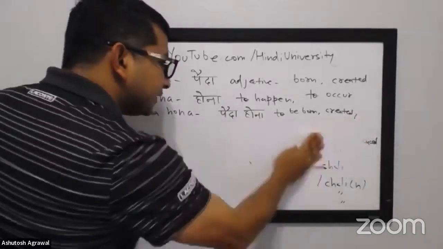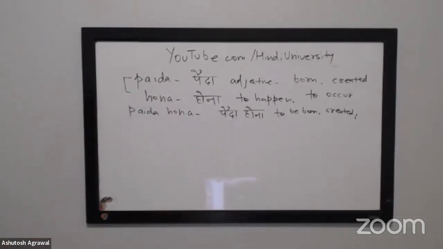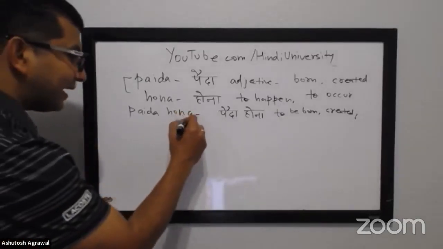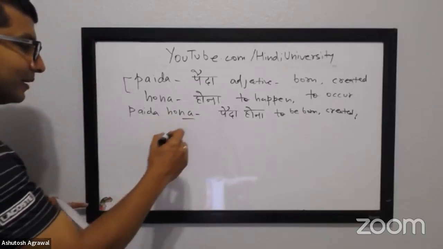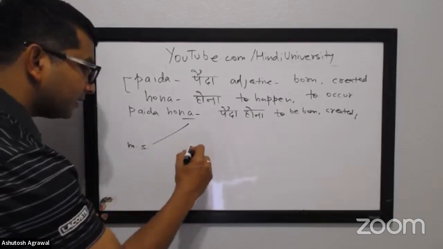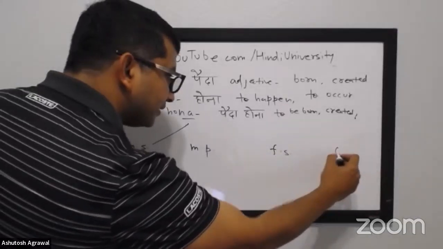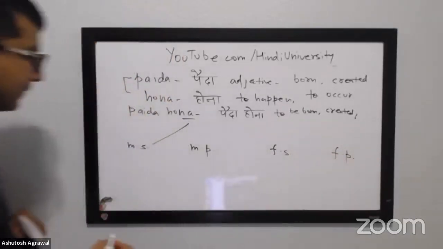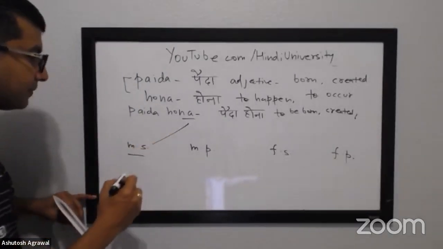Because we will be using the same thing for this word, पैदा होना. So just like that, if you were to conjugate the verb पैदा होना for masculine singular, masculine plural, feminine singular, and feminine plural, how would you use it for masculine singular?